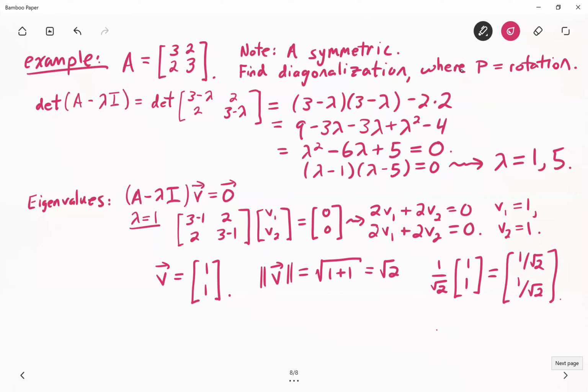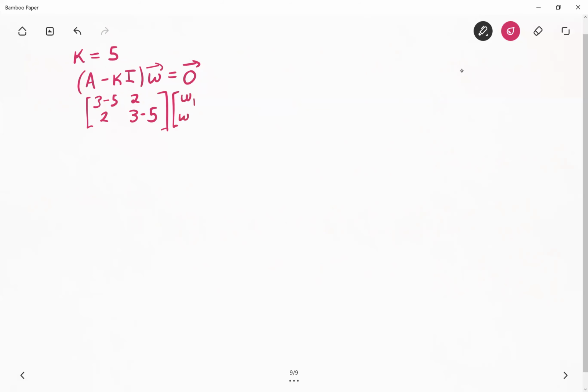Let's go ahead and find the second column as well. The second column will be for the eigenvalue 5. I'll call this one kappa just to keep it separate. So that'll be 5. And this time we're trying to solve A minus kappa times I times the eigenvector W equal to the 0 vector. In this case, we have the matrix 3 minus 5, 2, 2, and 3 minus 5 times the vector W1, W2 is equal to the 0 vector.